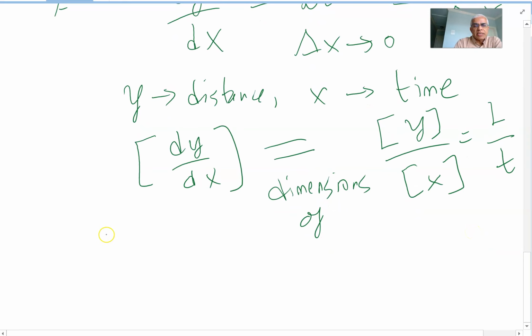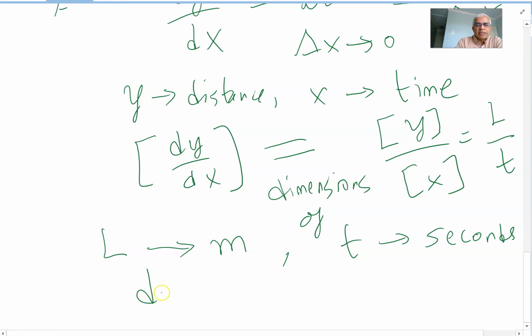Units are quantities that are used in order to quantify dimensions. So for instance, in the case of L for length, I might use a metric system of units where L might be measured in meters, right? And likewise, T is a dimension which I might use seconds, units of seconds to measure that, right? So I'm making a distinction between dimensions and units.